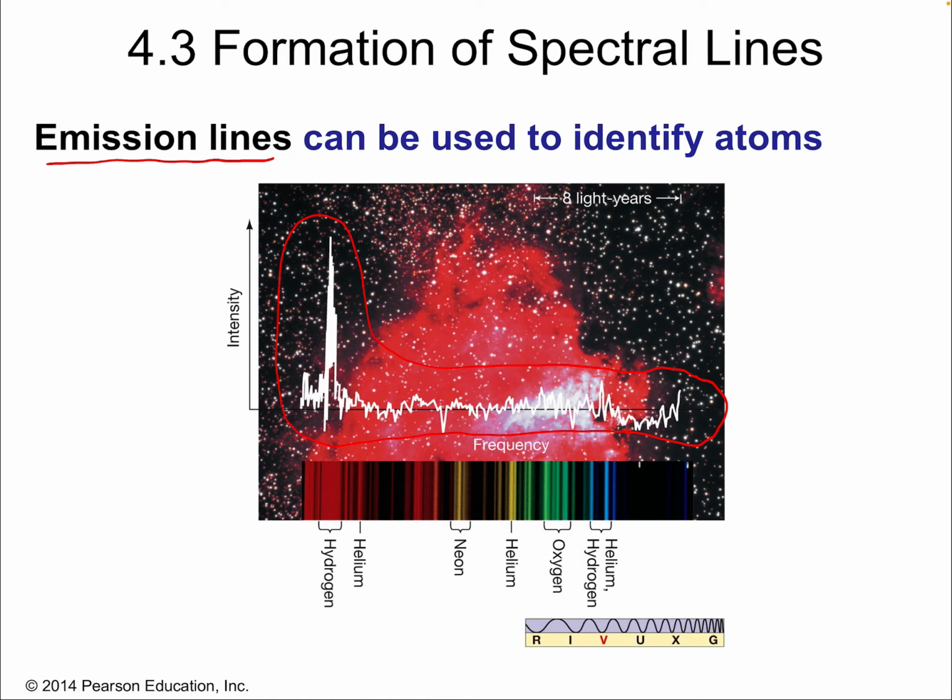So here we see an example of a nebula or gas cloud in outer space that includes a lot of hydrogen, as shown by the big spike, but also helium and neon and others. Maybe other types of helium or another part of the spectrum of helium, but it could be ionized helium. Also includes oxygen, more telltale lines of hydrogen, and so on. All right, so it's quite a process to take something messy like this and analyze it.